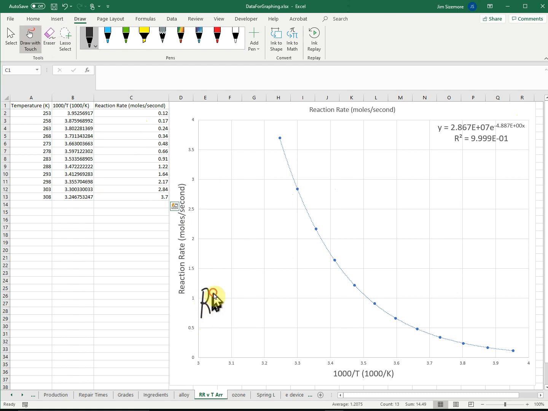Reaction rate equals some number, which in this case is 2.867 times 10 to the 7th, times e, Euler's number, raised to some number B, times 1,000.